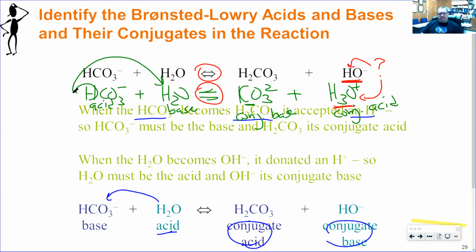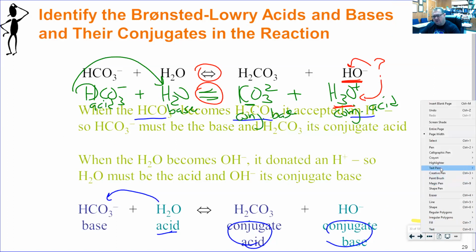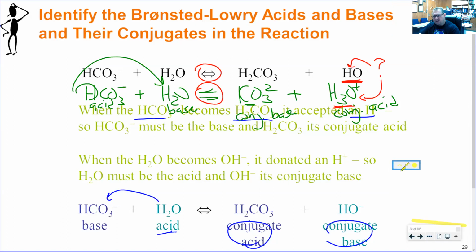Okay, so the thing that we were talking about last was this concept of Bronsted-Lowry acids and bases, and we were talking about proton donor and proton acceptor. That was the last topic we talked about, and we said that a Bronsted-Lowry acid is something that donates a proton, and a Bronsted-Lowry base is something that accepts a proton.